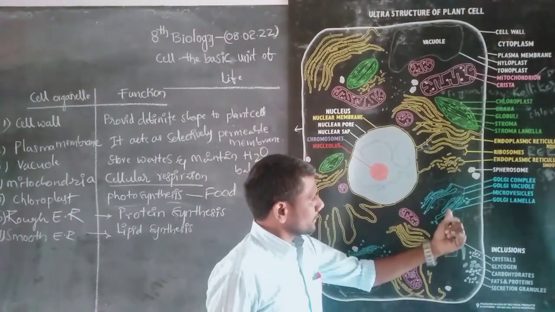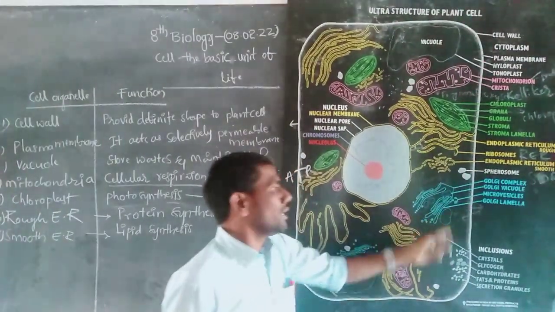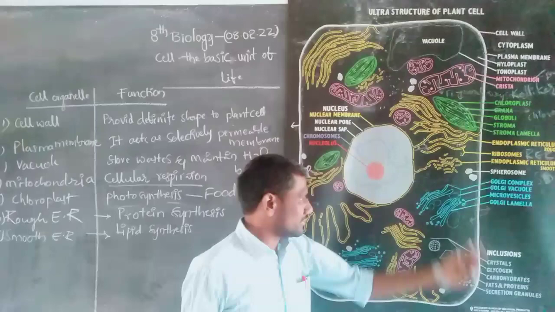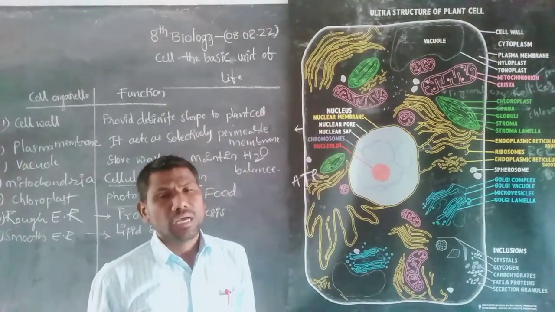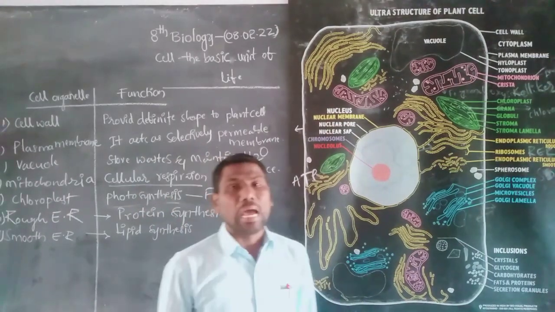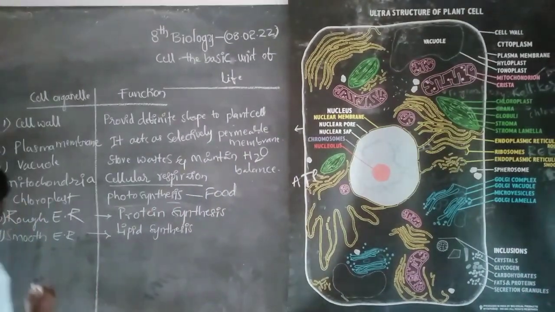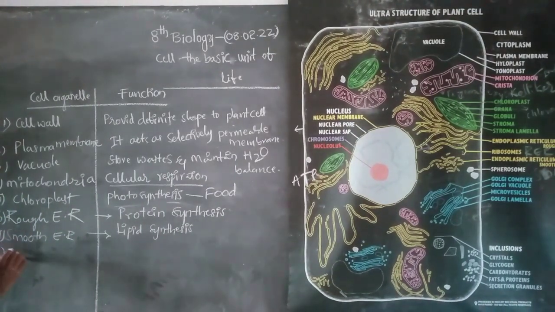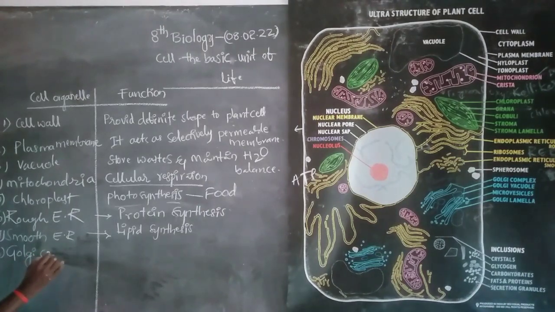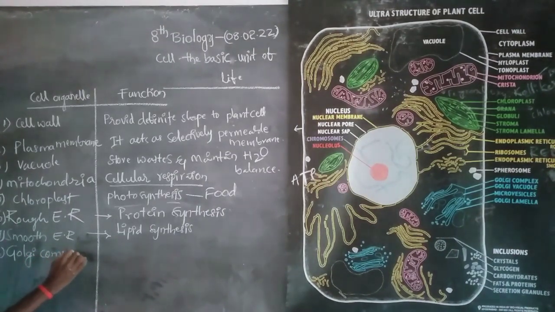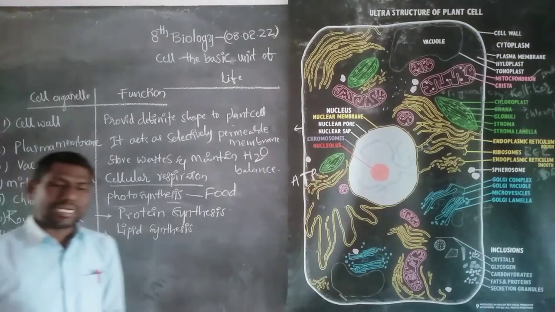Next, these blue colored structures are called Golgi complex. The Golgi complex was first observed by the scientist Camillo Golgi. Its main function is during cell division.